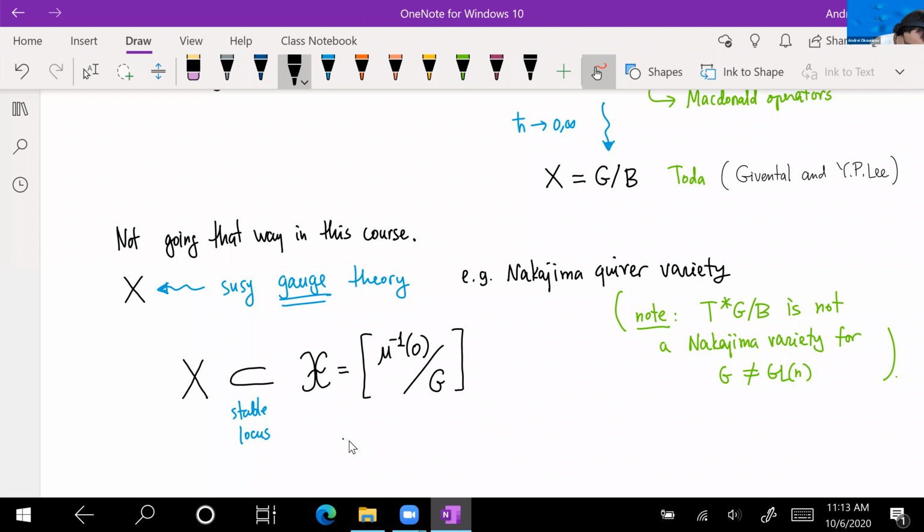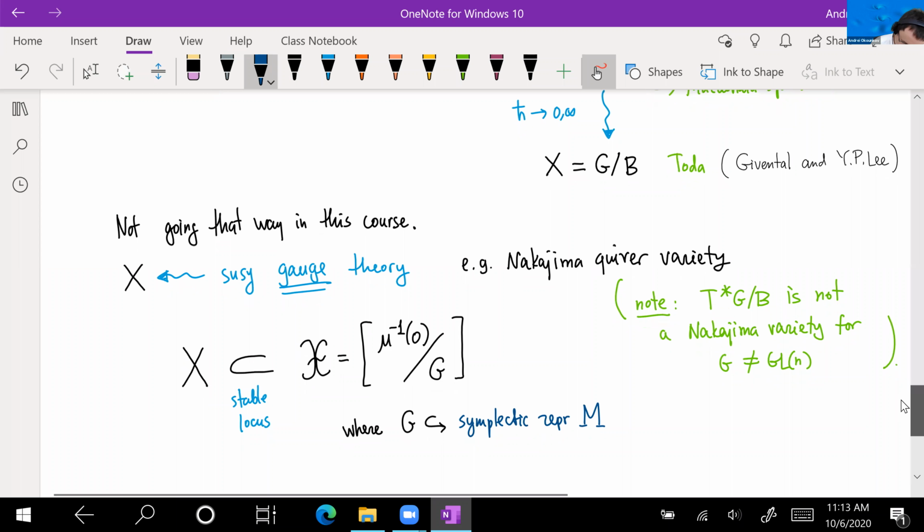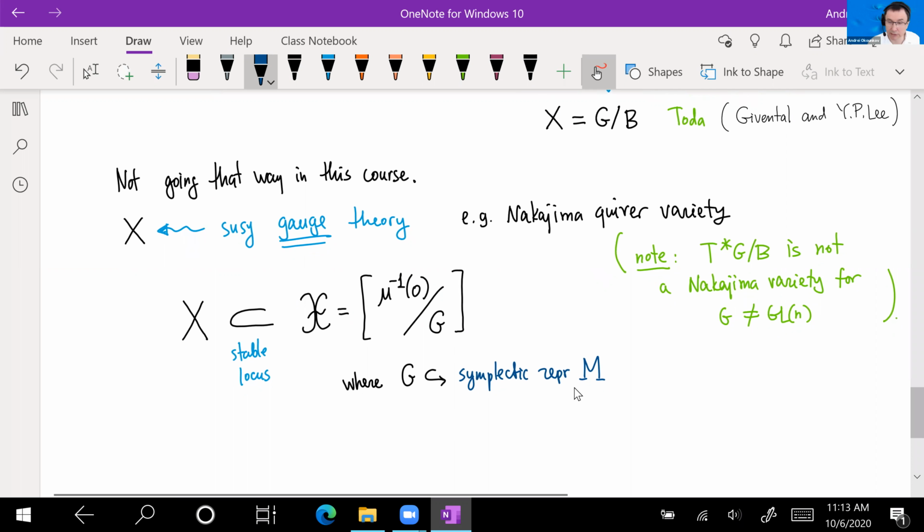So this G is a group that acts on some symplectic representation. And so this would be the Higgs branch of the corresponding moduli space of vacua for the gauge theory.